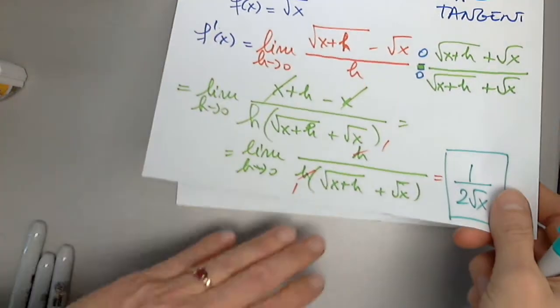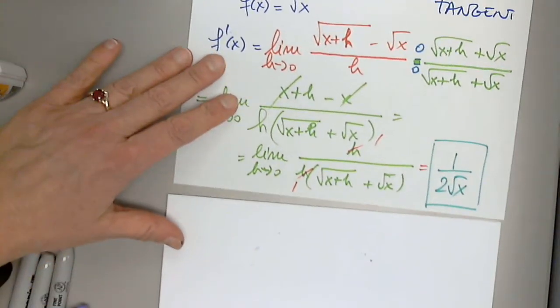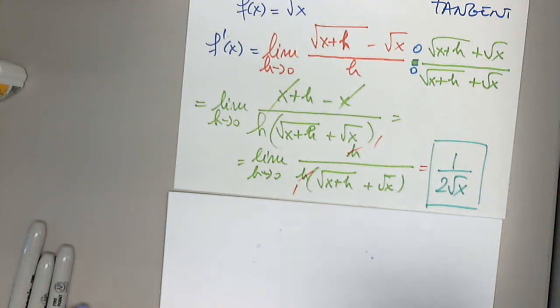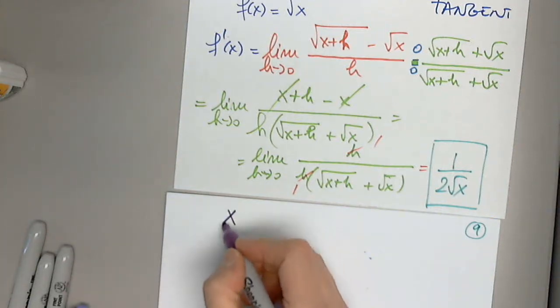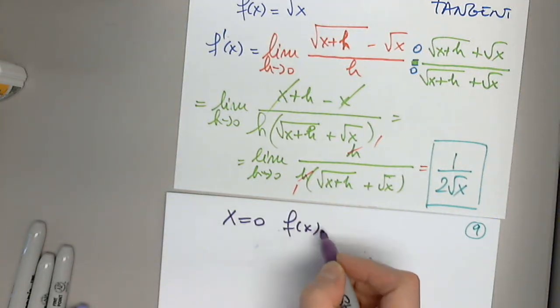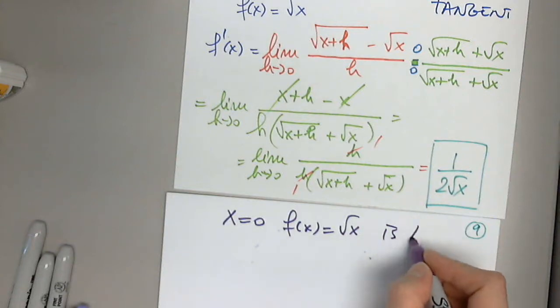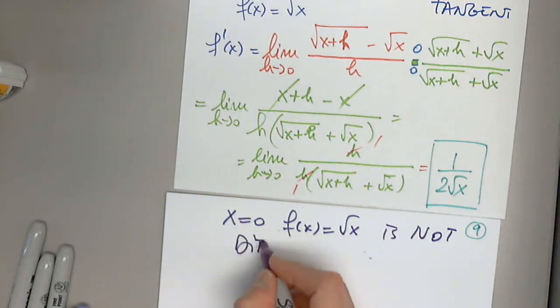Which value of x? The function exists, but its derivative does not. Which point? 0. x equals 0. f of x, which is the square root of x, is not differentiable.